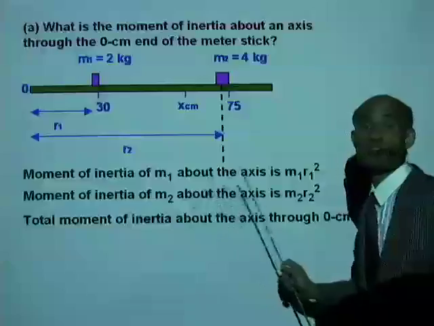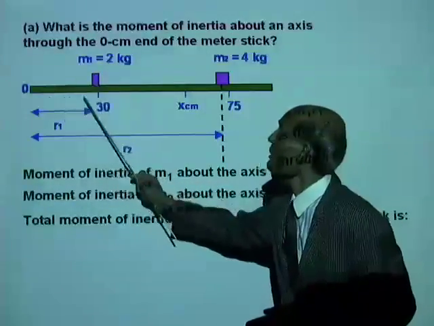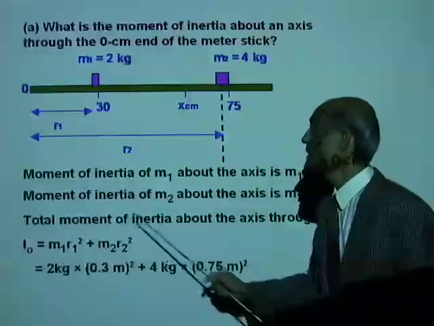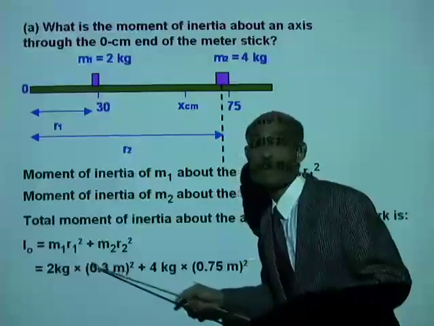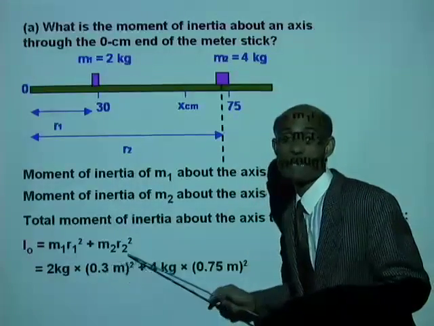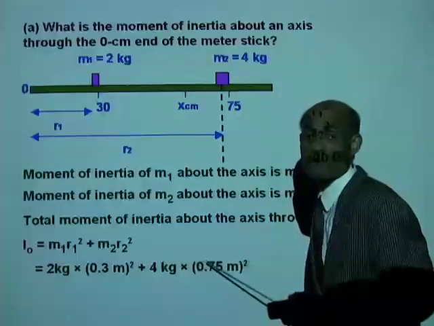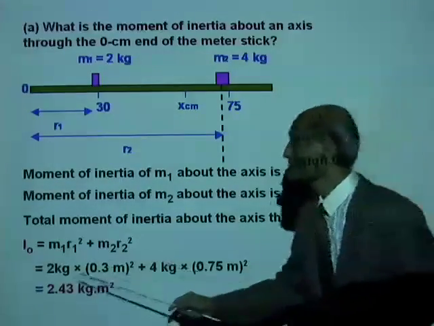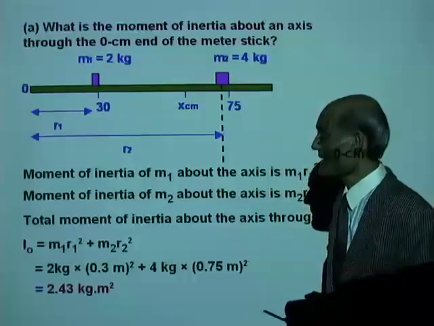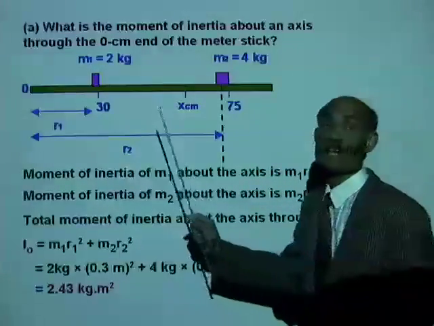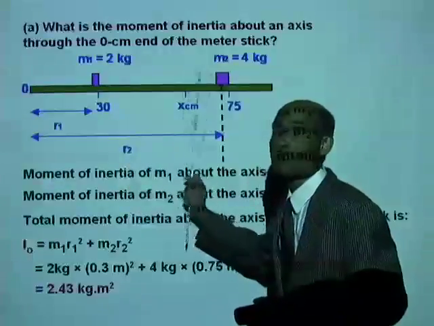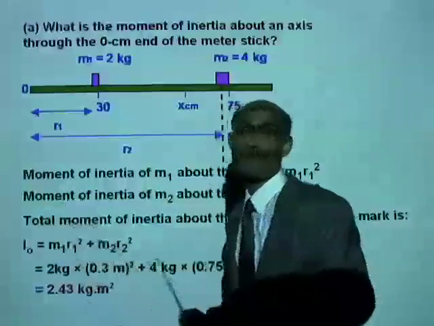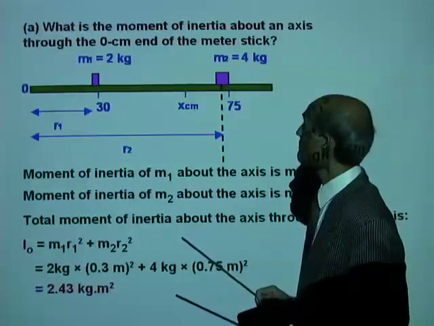The total moment of inertia will be M1 R1 squared plus M2 R2 squared, and we know those values. M1 is 2 kilogram, R1 is 0.3 meter, M2 is 4 kilogram, R2 is 0.75 meter, and that gives us 2.43 kilogram meter squared, the moment of inertia of these two objects about an axis passing through the 0 centimeter mark. Okay.